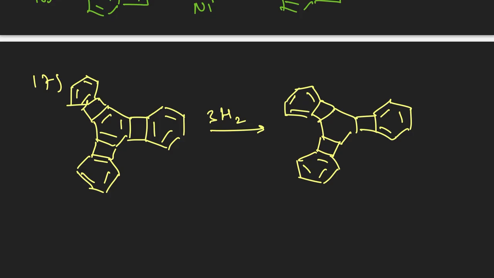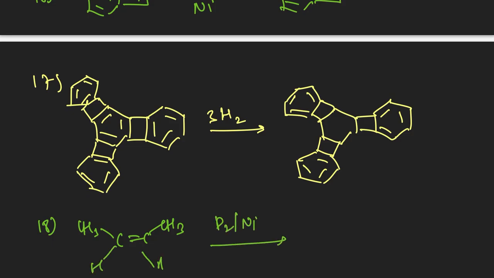Eighteenth, we have CH3, C double bond C, CH3, hydrogen, hydrogen. When we react with deuterium and nickel, what will happen? It will form erythro.